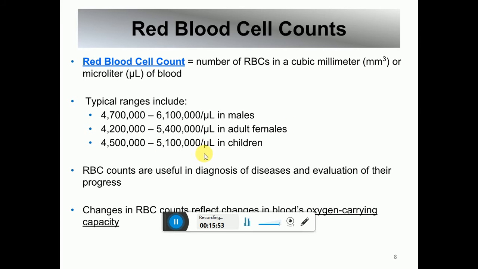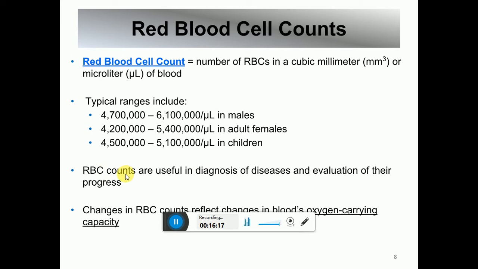And you can see here that kids tend to be on the lower end. But on average for all ages, about 5 million per microliter of blood, or cubic millimeter, which is a very, very small dot of blood. So you can imagine that the number of red blood cells is pretty high.